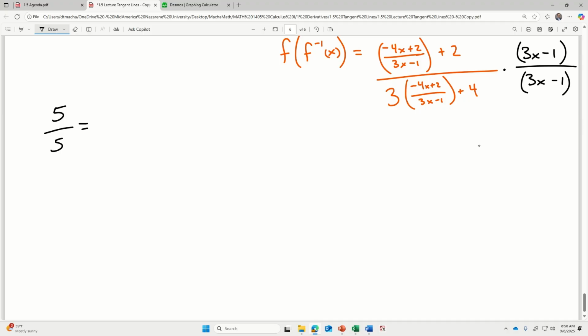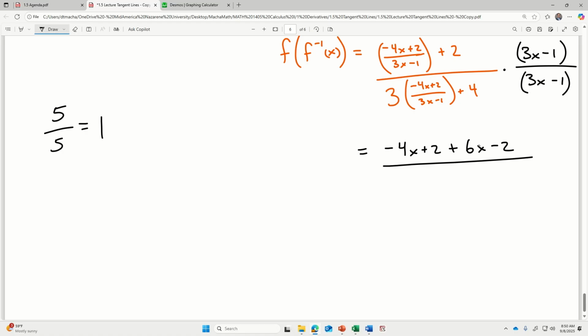What's 5 divided by 5? 1. So it's like multiplying by 1. I'm not changing the value of this thing, I'm just using this as a trick to simplify. So when I do negative 4x plus 2 divided by 3x plus 1 times 3x minus 1, it's just going to be negative 4x plus 2. And then the 2 times 3x minus 1 is going to be 2 times 3x plus 2 times negative 1.